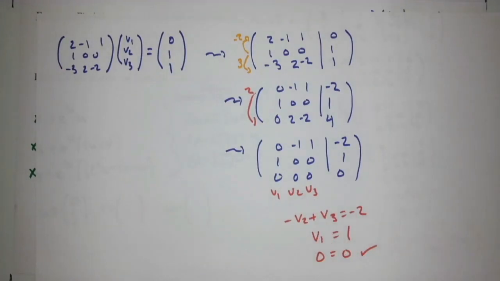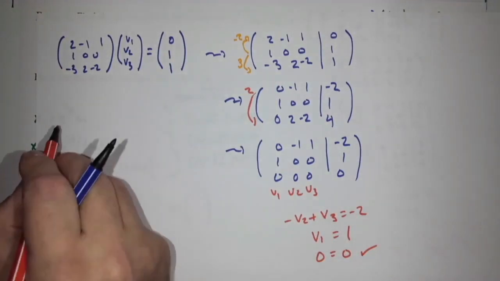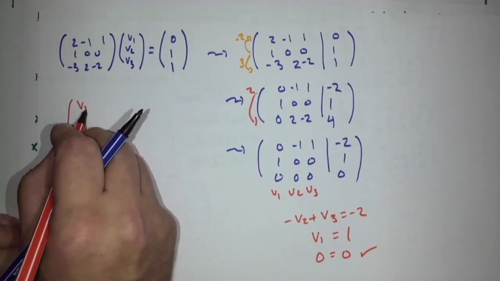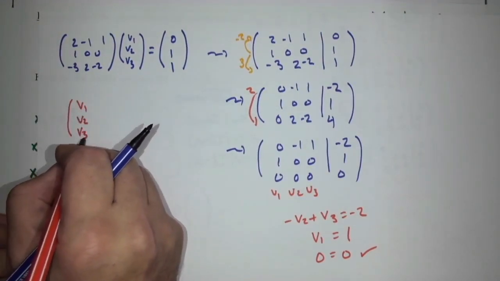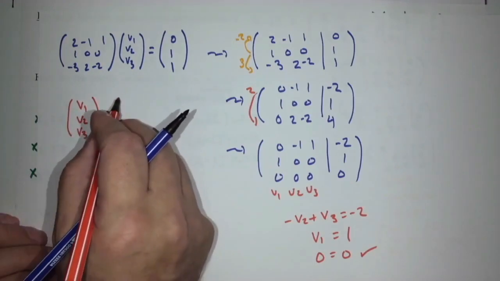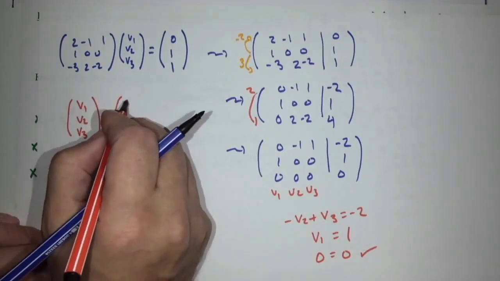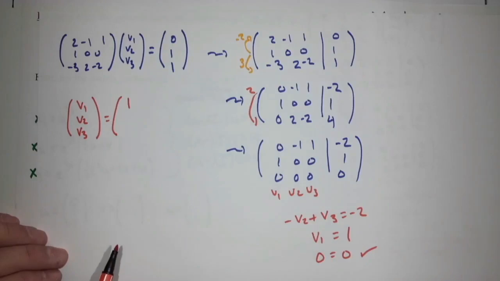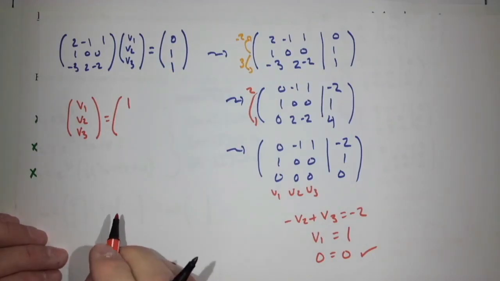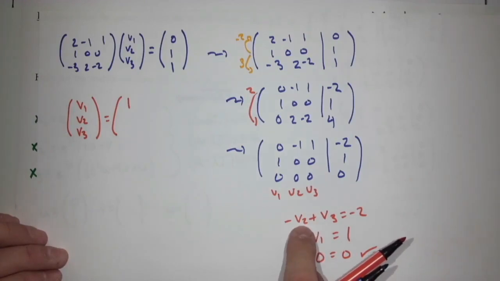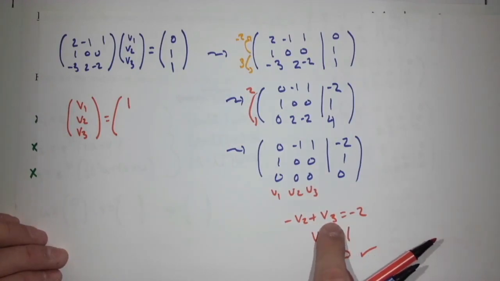So, anybody have some candidates for us? And there's usually lots of correct answers. Find an easy one. So V1 definitely has to be 1. No shock there. Well, if this is negative 1, what does V3 have to be?